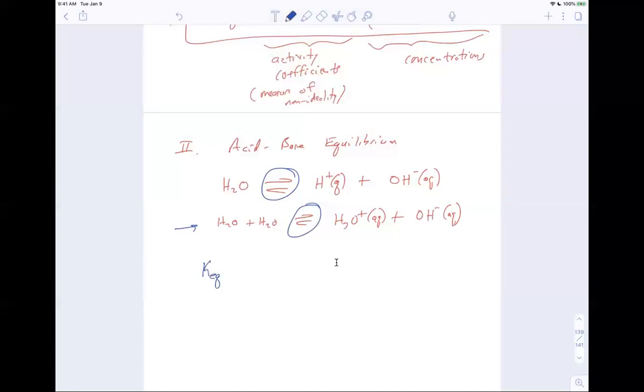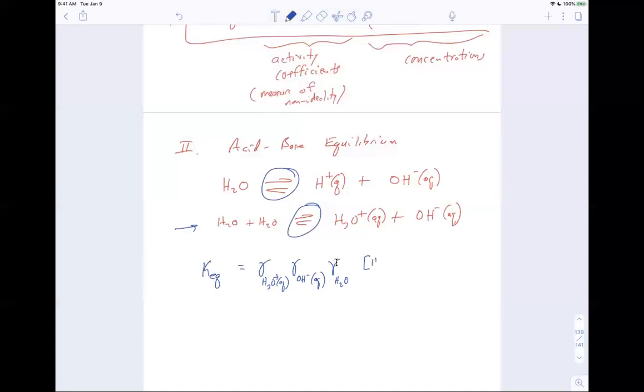You may have seen this as KW or what have you, but for this course and from what we've learned from this course, we see that this is just gamma H3O plus in the aqueous phase, gamma OH minus in the aqueous phase, because that's what we have here. We also have gamma H2O, okay, times, what are we going to have here?